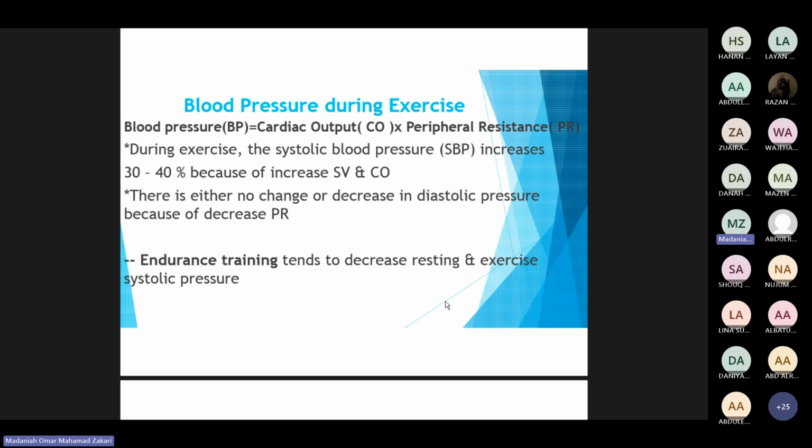Why? Because the adaptation of the vasculature to the blood flow will increase with the time of training.